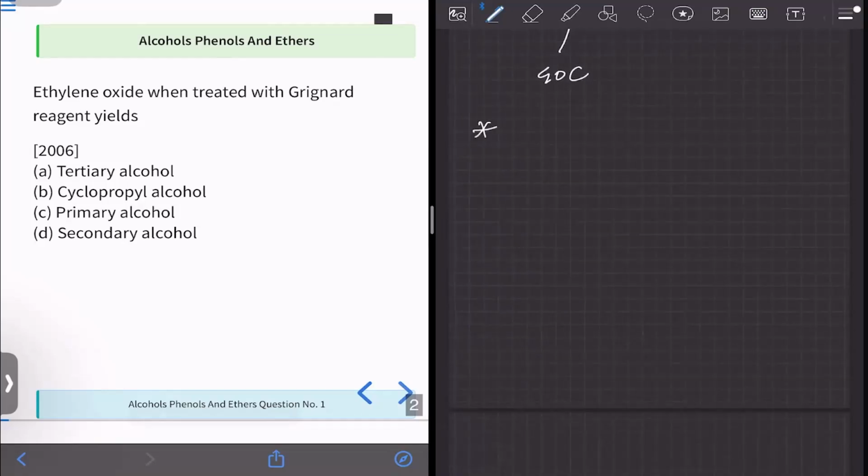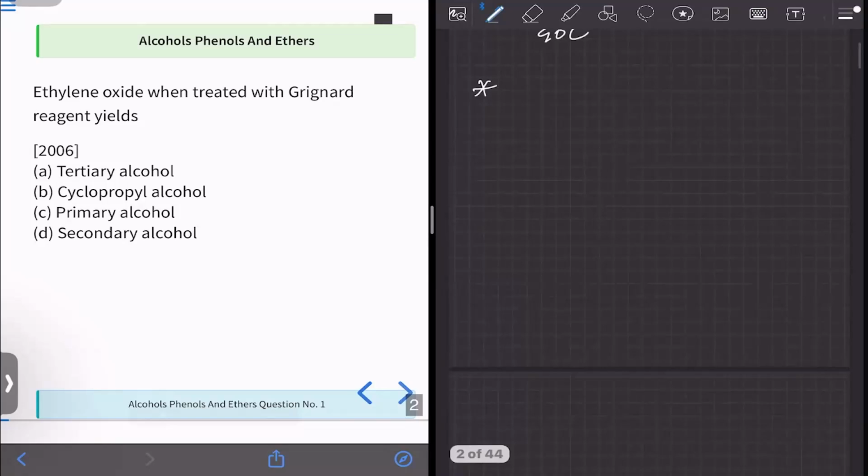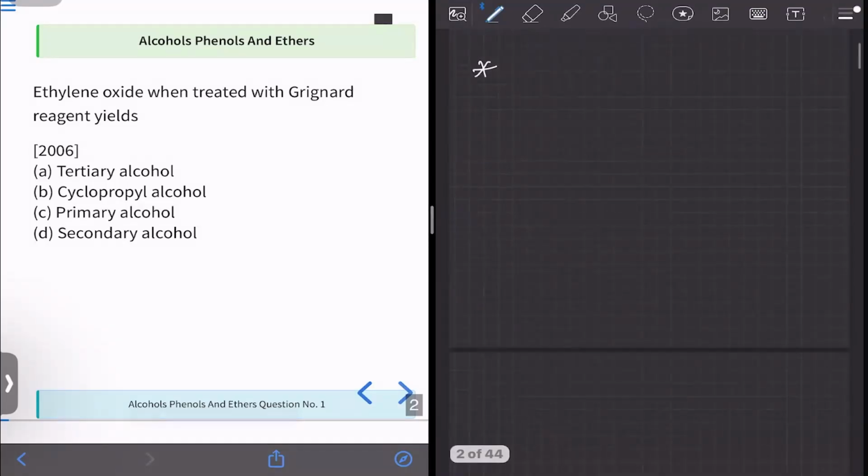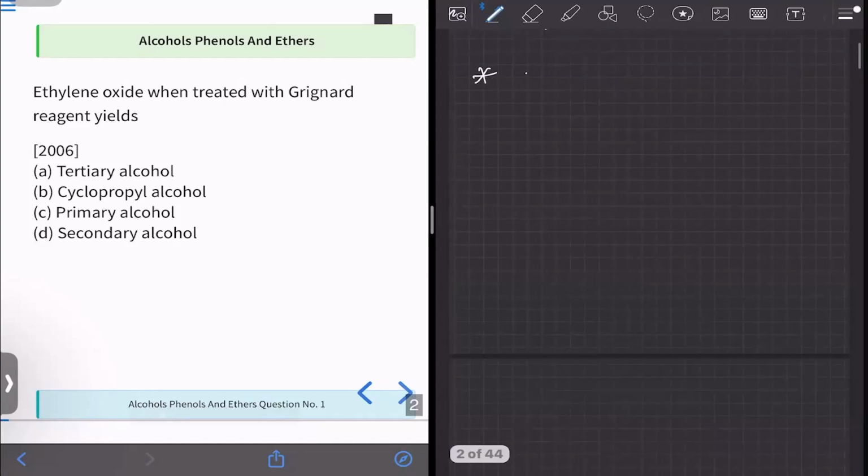See, the first question is: ethylene oxide when treated with Grignard reagent yields? This Grignard reagent is RMgX. The polarity of a bond is decided by the electronegativity difference between the atoms. Mg is more electropositive, so it has the tendency to lose an electron. So Mg will be positive and R will be negative.